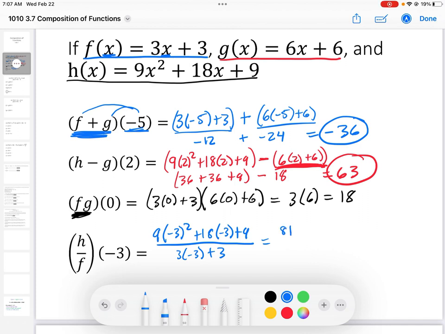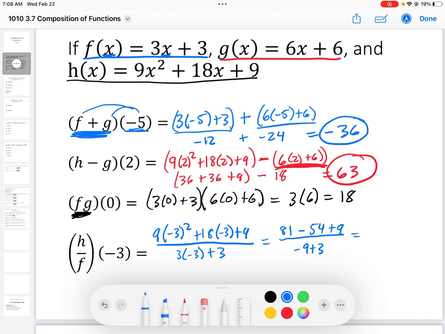Then negative 3 times 18 would be, I think, negative 54, pretty sure. And then if you add 9 to that, that would give you the output of h. And then if you divide by negative 9 plus 3, we can simplify this even further because 81 plus 9 is 90.